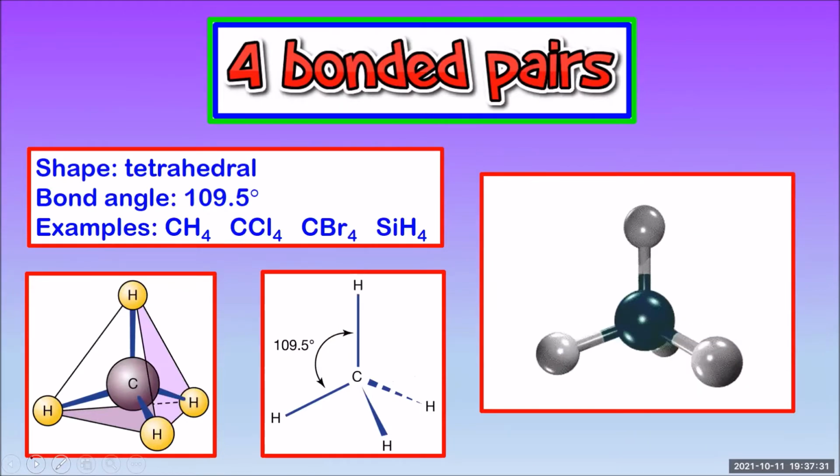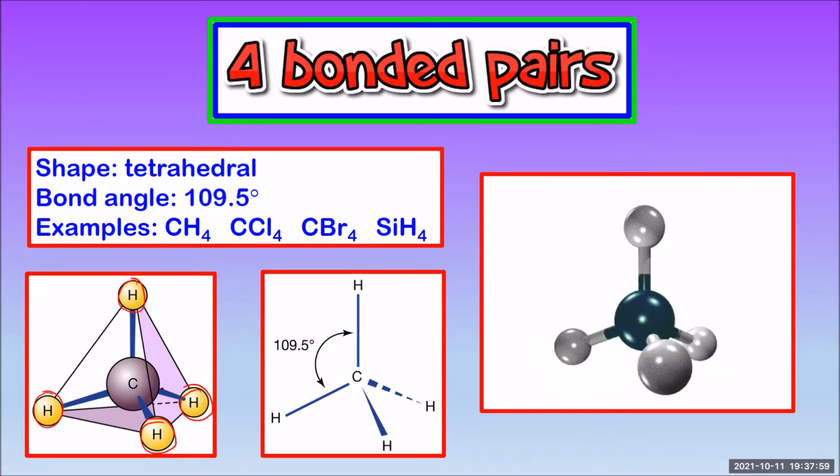If all 4 pairs of electrons in the octet are bonded pairs, the shape of the molecule is tetrahedral. The 4 atoms bonded to the central atom sit at the corners of a regular tetrahedron. The bond angle for any hydrogen to hydrogen in this molecule is 109.5 degrees. Notice the way we show this 3-dimensional shape on a 2-dimensional surface.